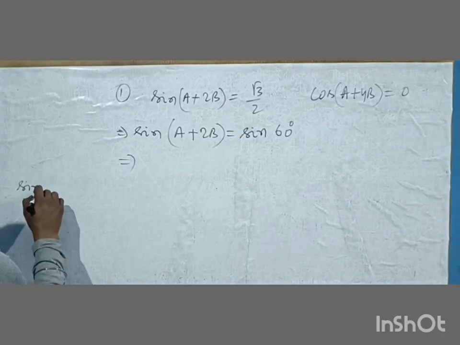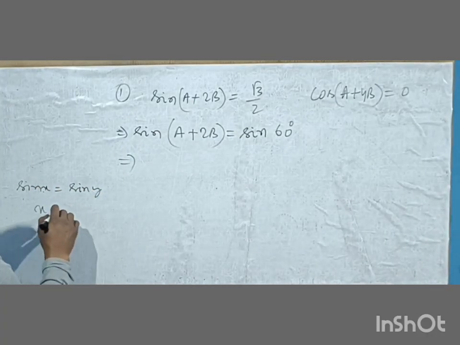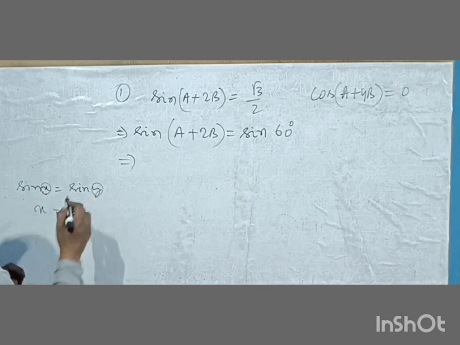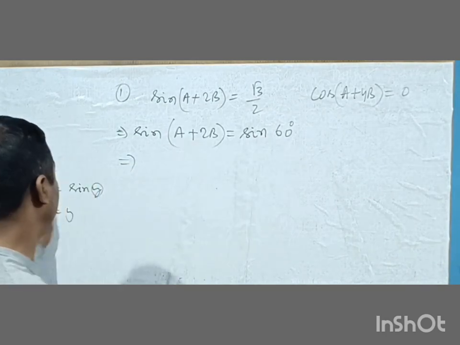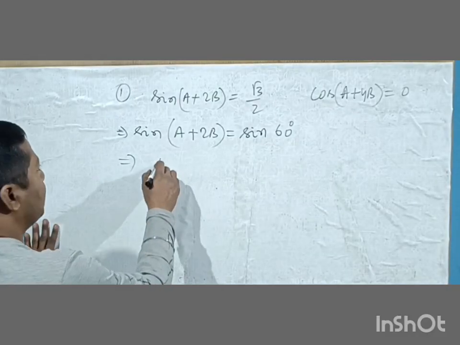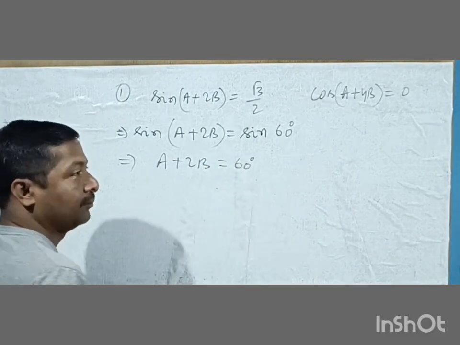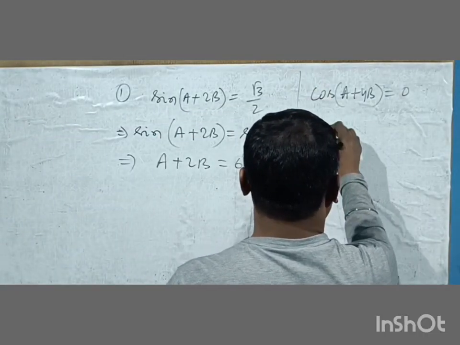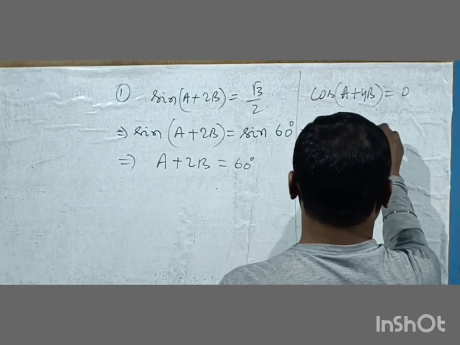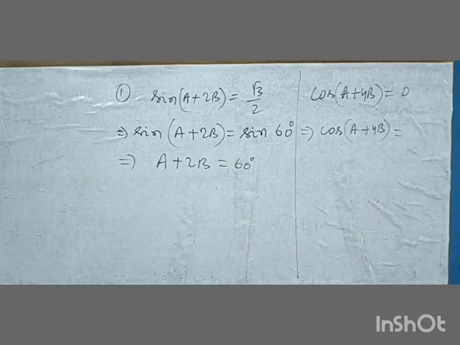If sin x equals sin y, I can write x equal to y. Similarly, if sin(a + 2b) is sin 60, I can write a plus 2b equal to 60. Similarly, in the same way, a plus 4b equal to what will be the cos value as 0?